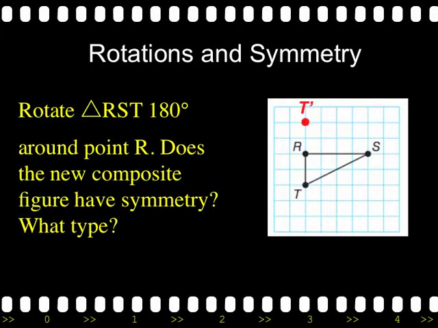So here point T prime would be 2 above the point of rotation, and point S prime would be 4 to the west of the point of rotation. And then we would just connect our reflected points, and there is the rotation of triangle RST.